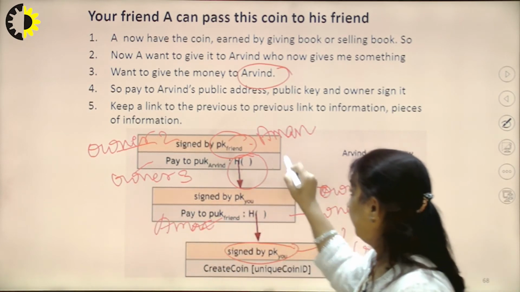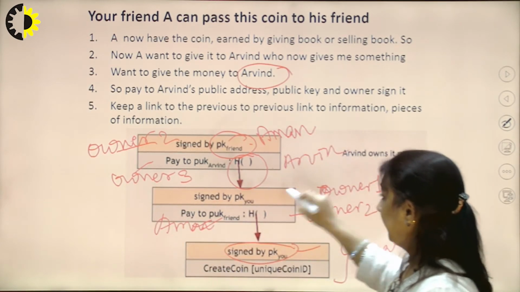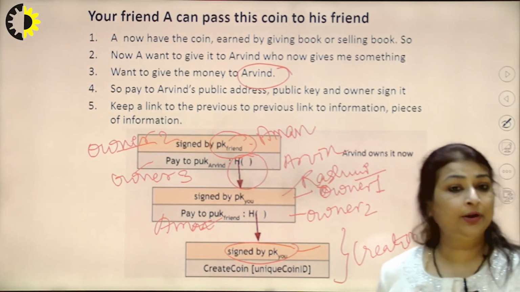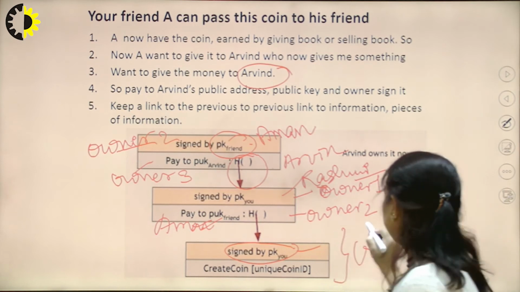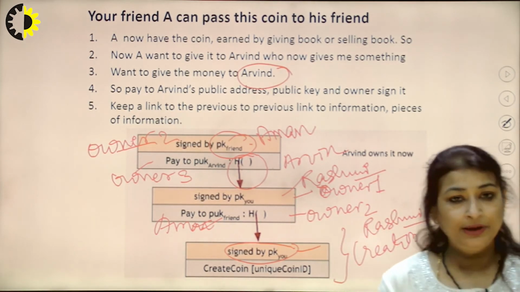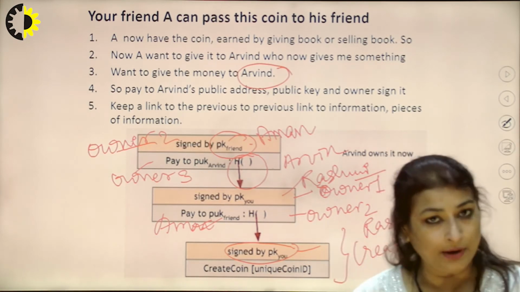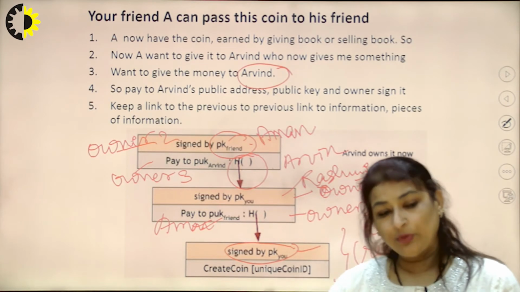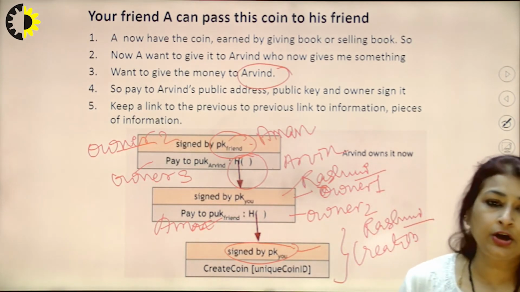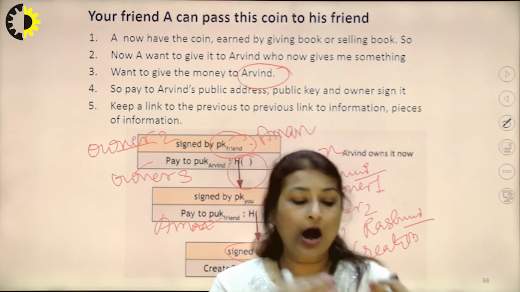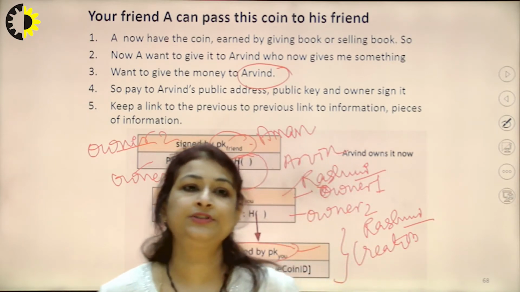Because here Aman would be coming. Here I have Arvind, and now Rashmi was the owner which had that particular money. And who created it? Again, Rashmi created it. So first the coin was created by Rashmi, then Rashmi transferred it to Aman, then Aman transferred it to Arvind. So we can have this particular history of this digital coin, or the blockchain token which is being created, and how it is being transferred from one person to another.